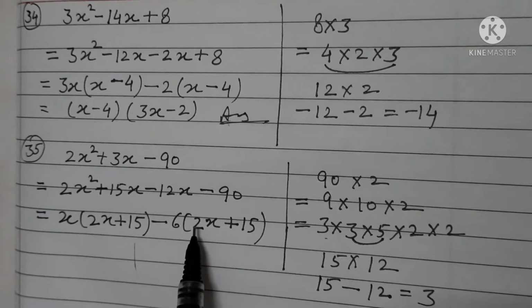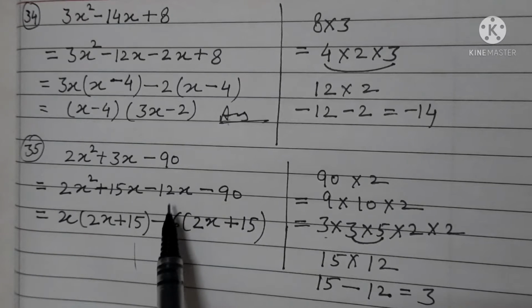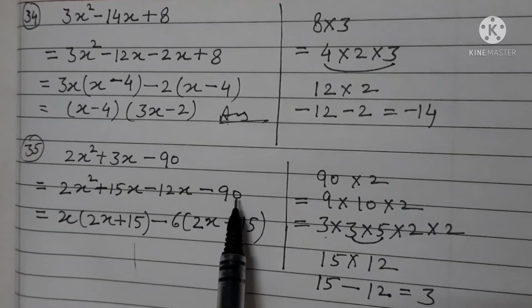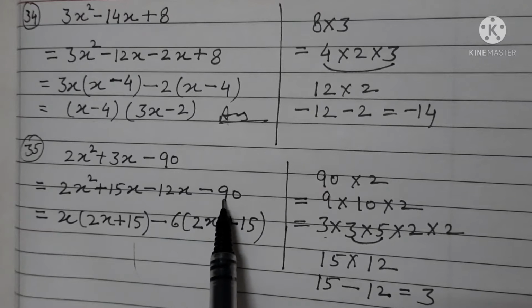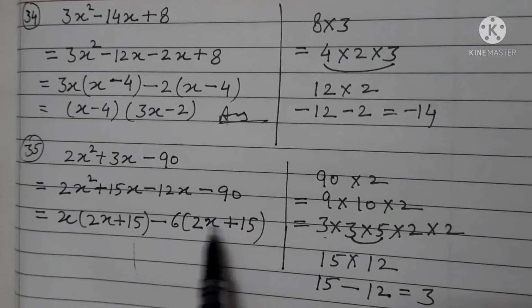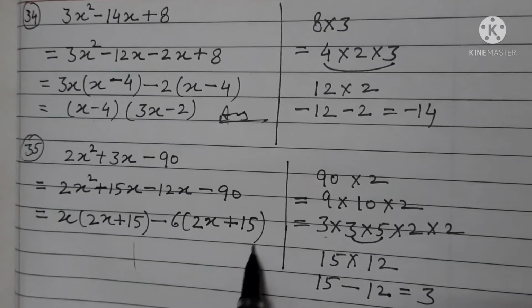So you will take 2 when you can break 12 into 6 into 2. So you will take 6 common, and 6 2s are 12, and when you divide 90 by 6, you will get 15. It means 15 6s are 90. So in the bracket 15.